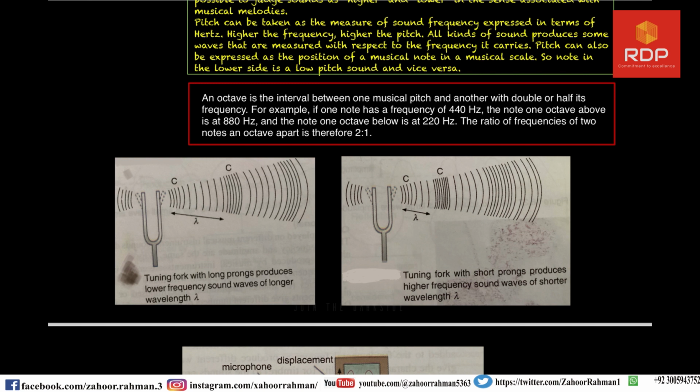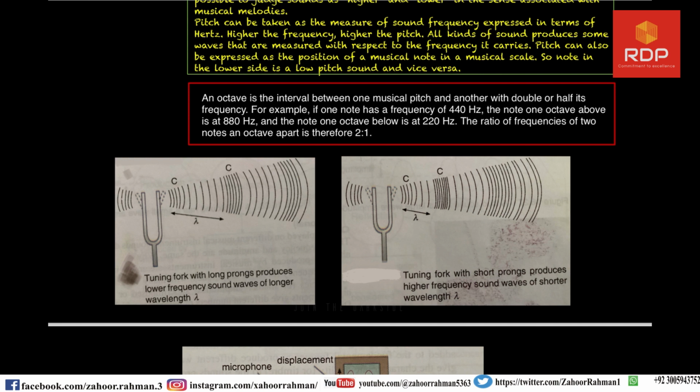If the wavelength is shorter, the frequency will be higher, and if the frequency is lower, then the wavelength will be longer, because they are the reciprocal of each other.